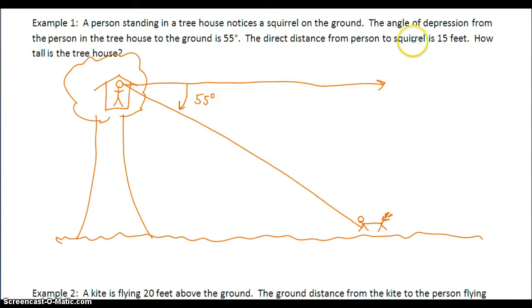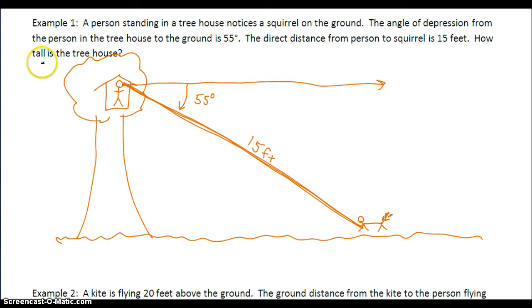The direct distance from the person to the squirrel is 15 feet. Well, the direct distance will be the distance from here to here, going directly from the person to the squirrel. That's different from ground distance, or from height above the ground.